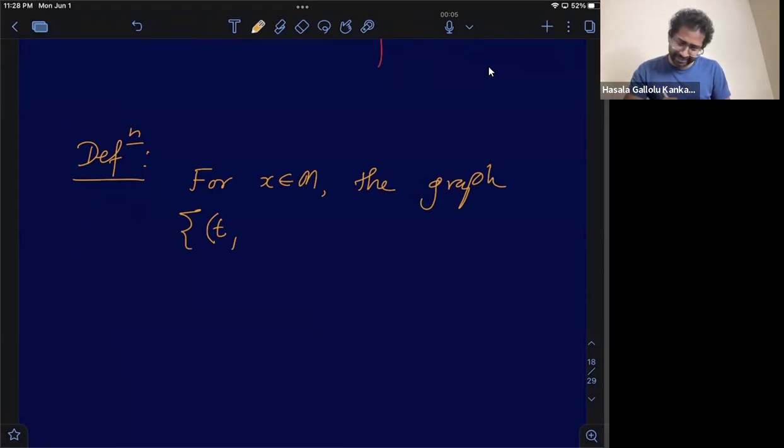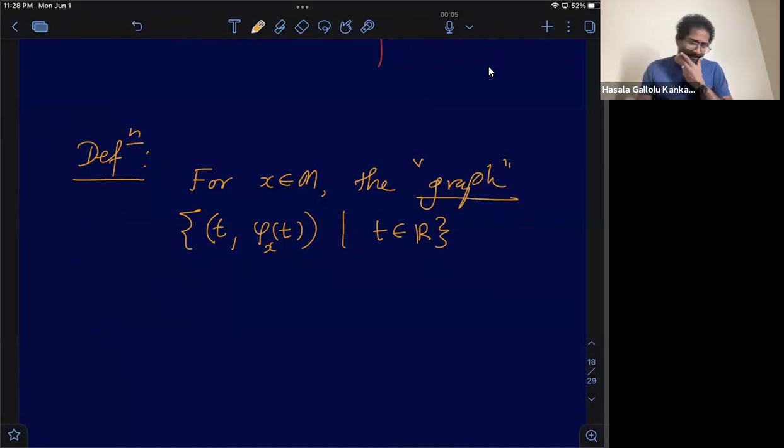If you combine them, phi x t, where t belongs to R. No, sorry, this should be where t belongs to R. So this is called the graph actually. The graph is none other than this set that you're seeing. It's a set theoretic notion. This graph is called the integral curve.